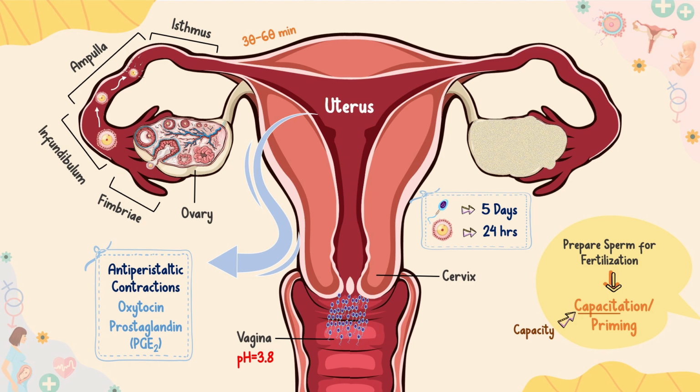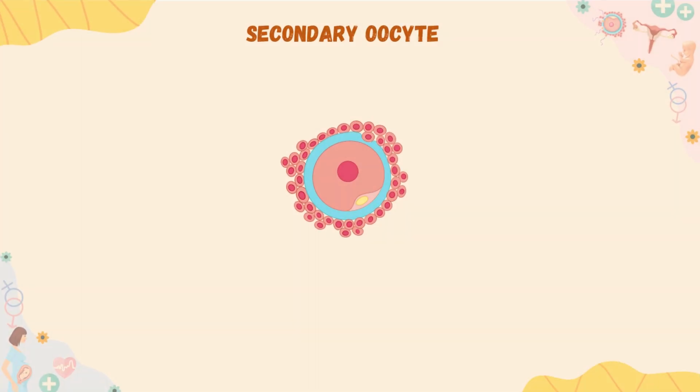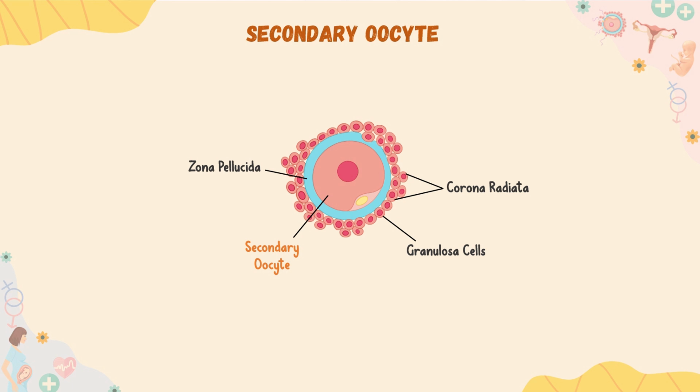Let's have a closer view of an ovum to understand it more clearly. The secondary oocyte is surrounded by two protective layers, the corona radiata and the zona pellucida. The corona radiata is an outer layer of follicular cells, or granulosa cells, that form around a developing oocyte in the ovary and remain with it upon ovulation.